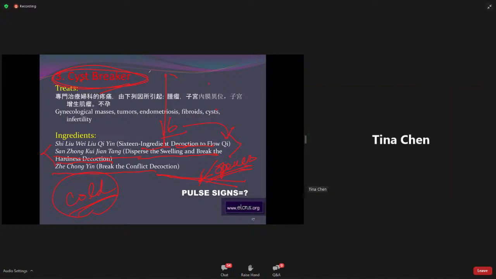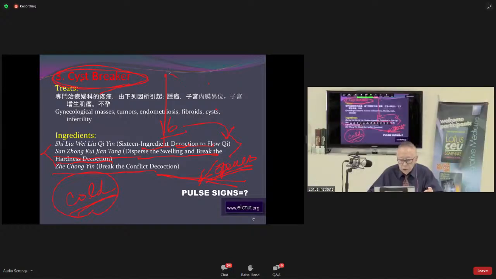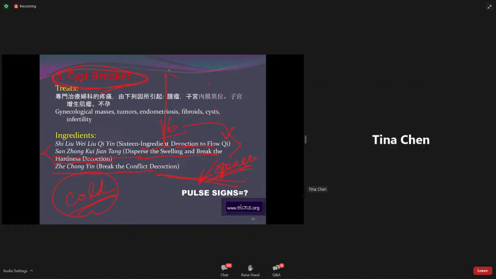So that question was, how long do you take the cyst breaker for cleaning up purposes? Until the pulse changes, or just for a week or a month, or how long? How should I know? Different people. Right, so it depends on the pulse. If it doesn't feel inflamed anymore, and there's no more inflammation pulse, endometriosis pulse, or fibroid pulse, thick pulse, then you stop and go to tonify.